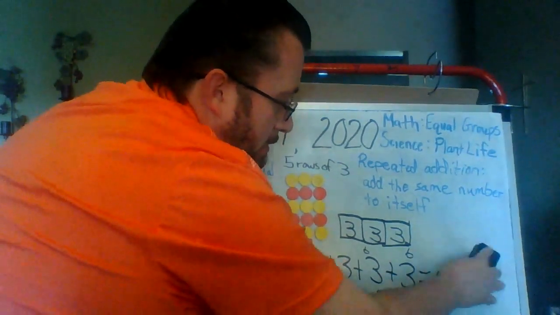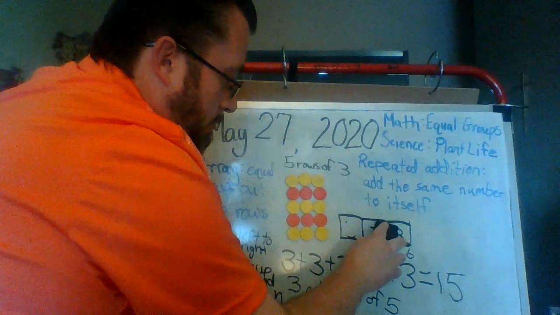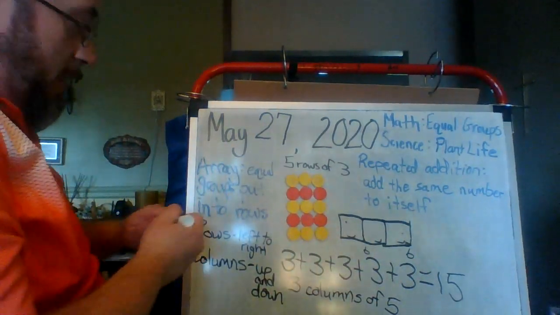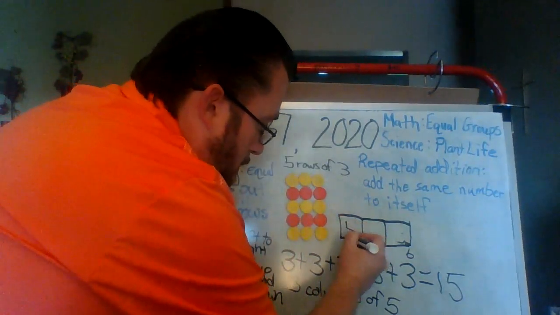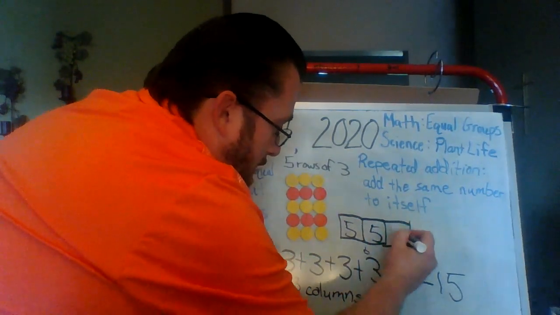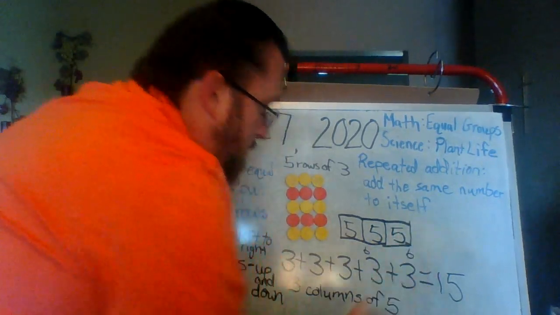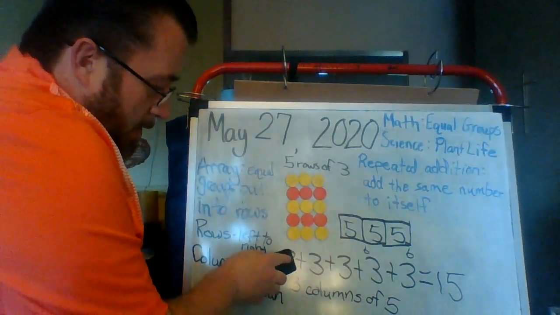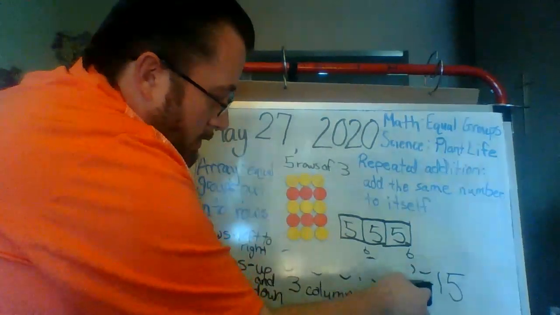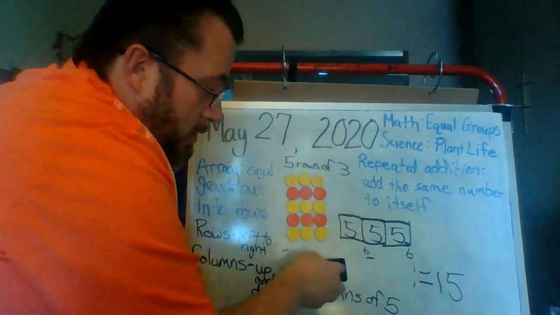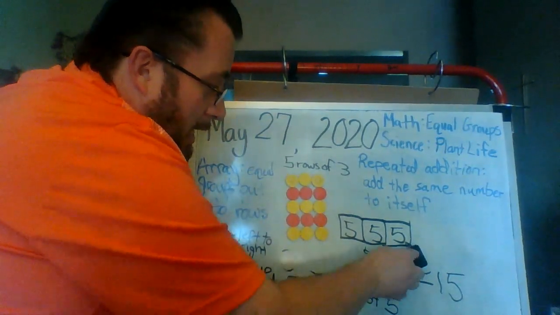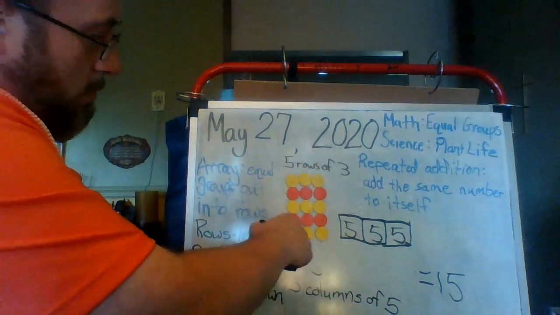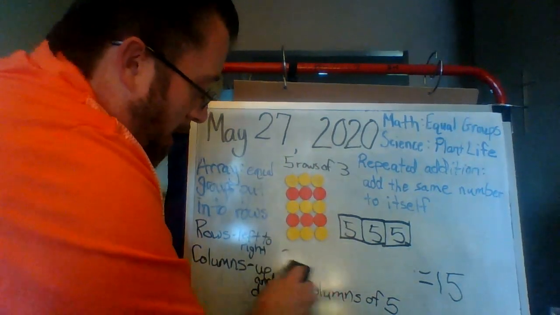If I'm talking columns, my tape diagram would change. And instead of having 3 in each one, I would put 5 in each one. And my repeated addition sentence would also change. Now notice I'm not going to change my sum because I am not taking any of my counters out of my array.